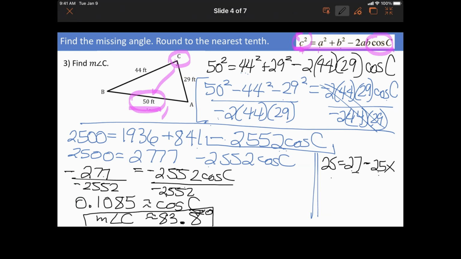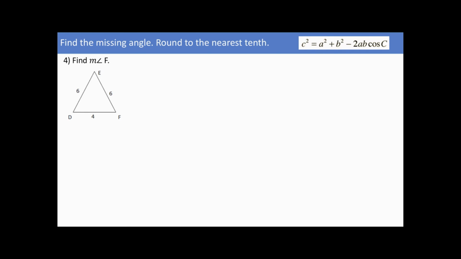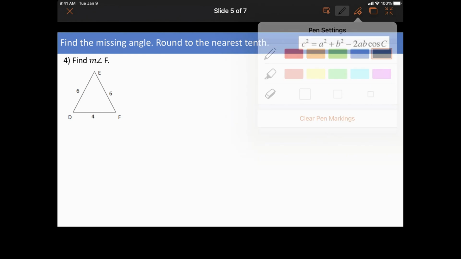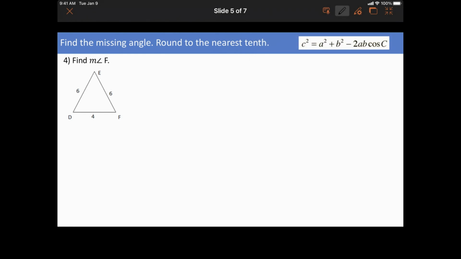So really be careful with the arithmetic and solving for this. There's a lot of places you can make mistakes. So if you want to try this one on your own, you can. All right, so this one, really look at it before you just guess which one you're doing.